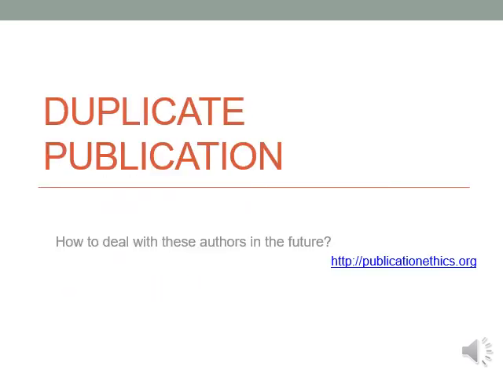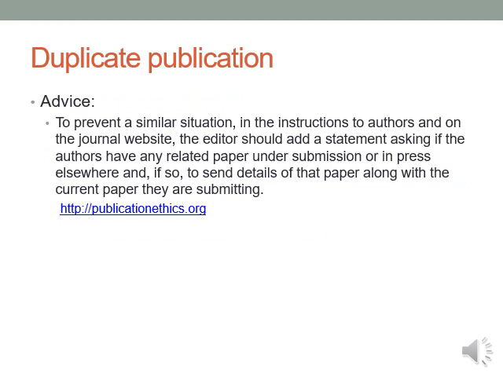How to deal with this, as advice to the author? There must be a clear instruction to the author on the journal website, adding a statement on whether the author has released this paper or submitted this paper to another journal or it is published elsewhere.